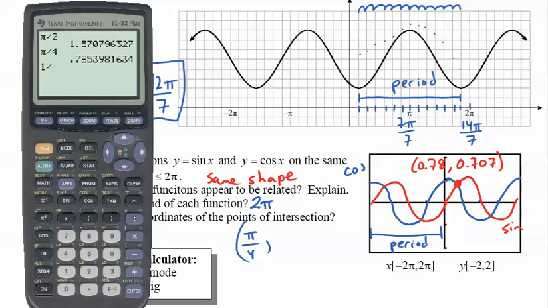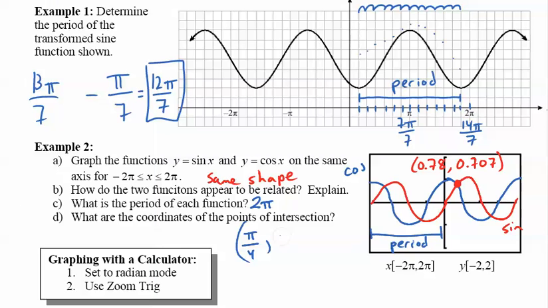One divided by what? Root 2. It's magic. Okay, because at 45 degrees, the sine and the cosine are the same.